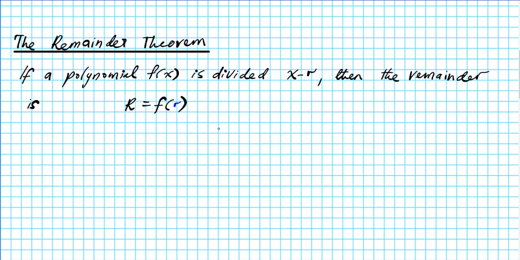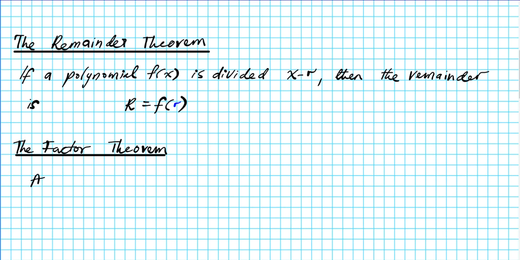Now, the remainder theorem has a special case. The special case of the remainder theorem is the factor theorem. What happens when your remainder is 0? That gives us the factor theorem. So the factor theorem is as follows.